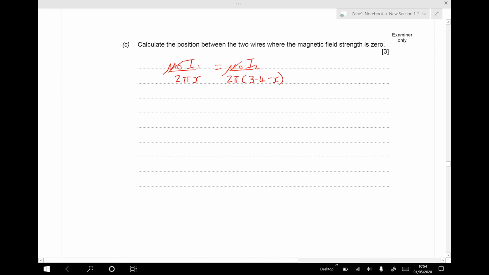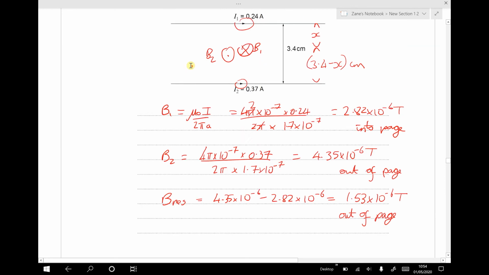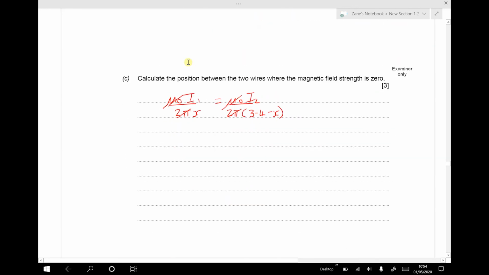Get rid of the mu naughts, get rid of the 2 pi's. And then let's do a little bit of cross multiplication. We're going to have I1, which was 0.24 amps, times 3.4 minus x will be equal to 0.37 for I2 times x.